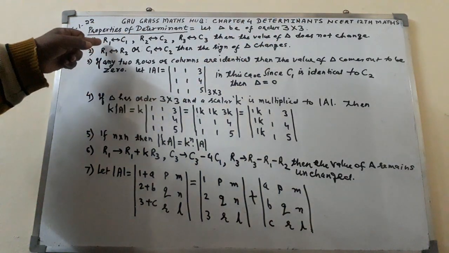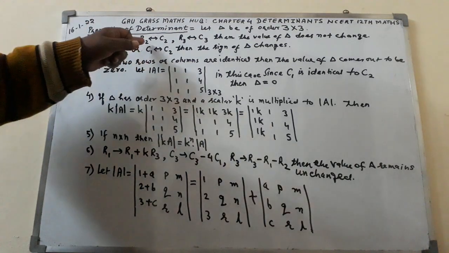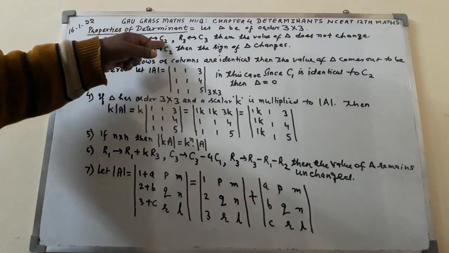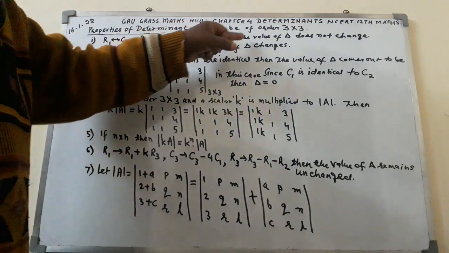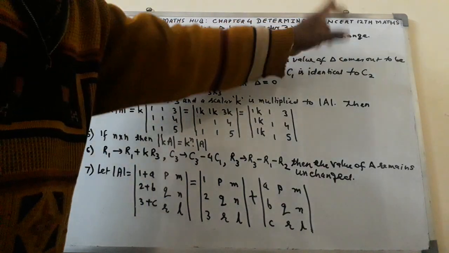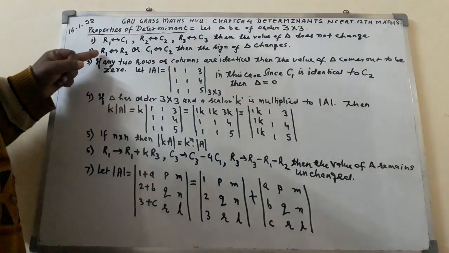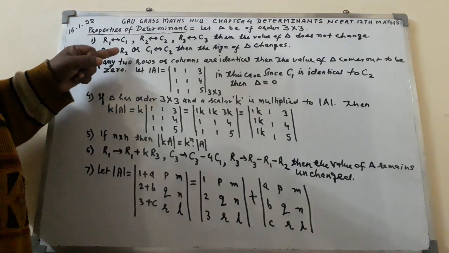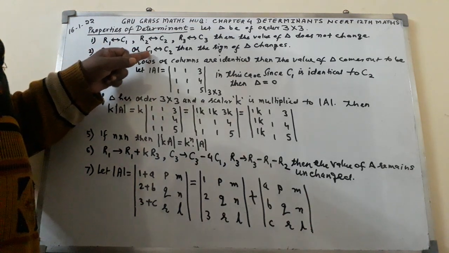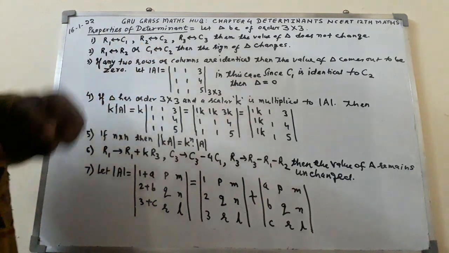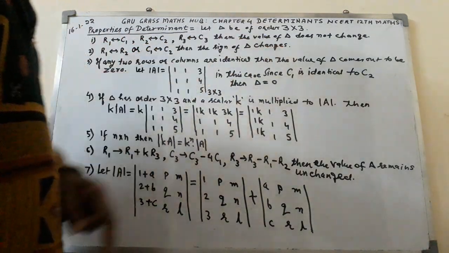Then R1 interchange to C1, R2 interchange to C2, R3 interchange to C3, then the value of determinant does not change. Second property I have mentioned here, R1 interchange to R2 or C1 interchange to C2, then the sign of determinant changes.